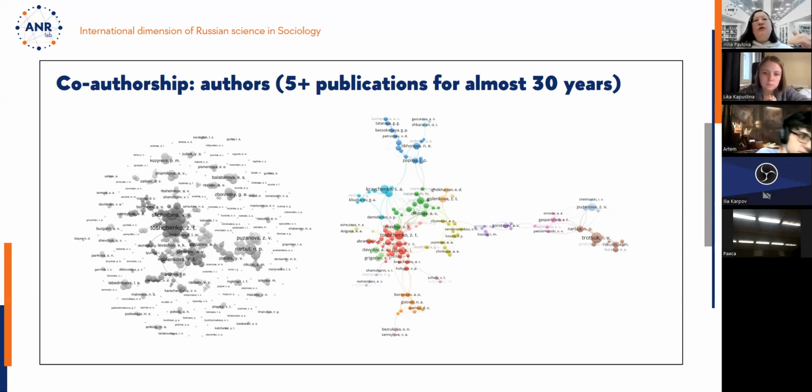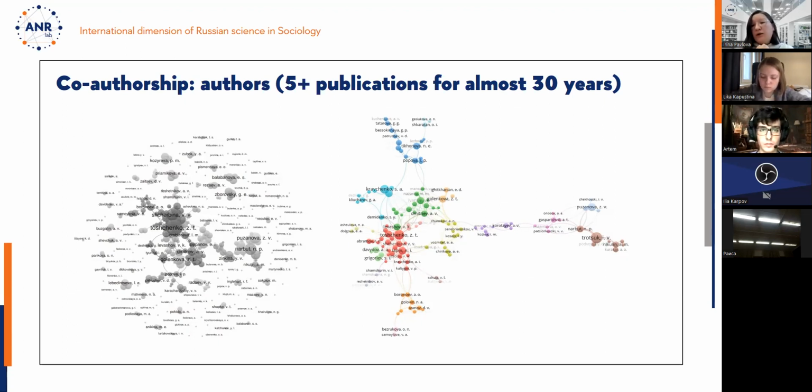For the entire field for co-authorship analysis, here we have this map of all authors included with 5+ publications. So the criteria for selection to be included in these networks is at least 5 publications, 5 and more.